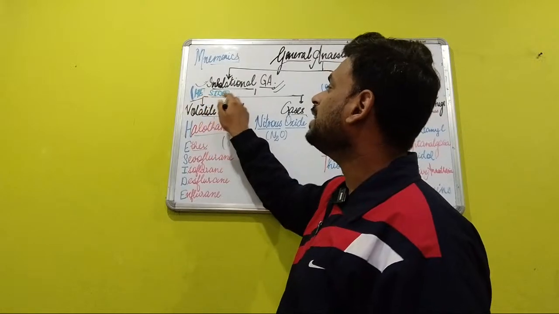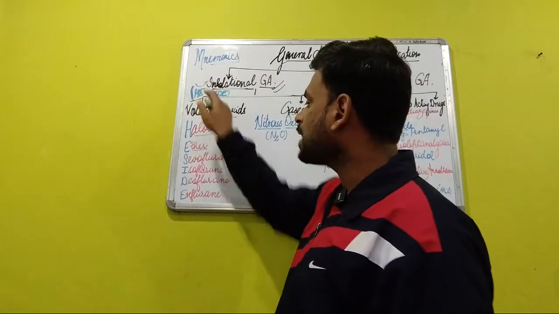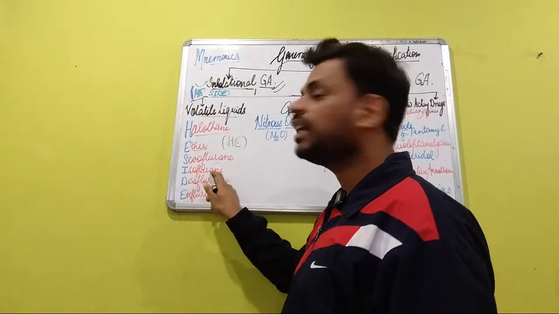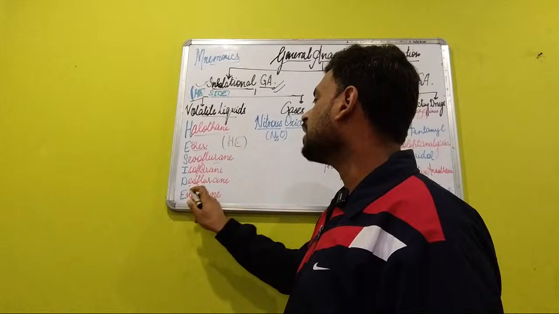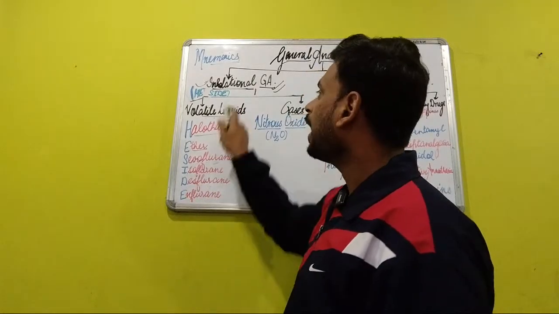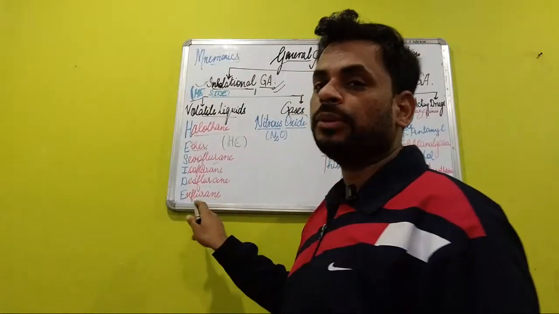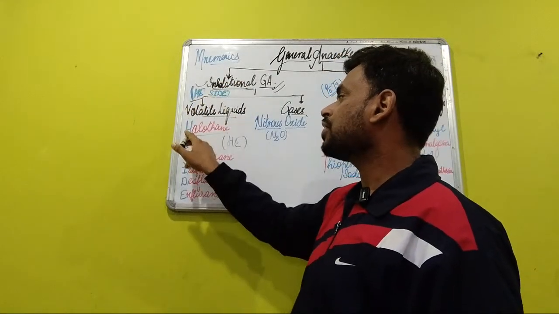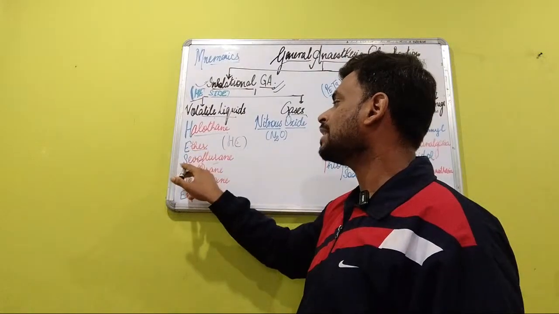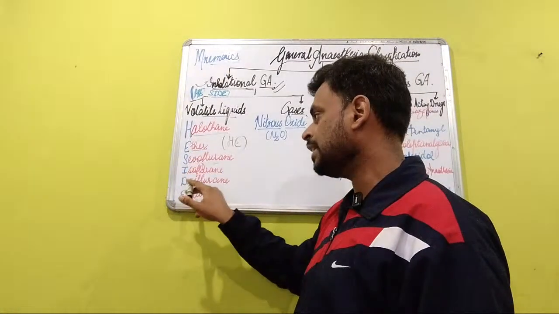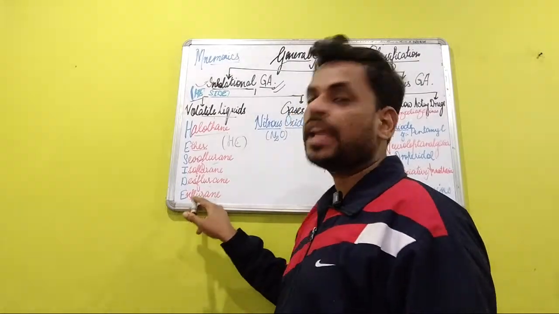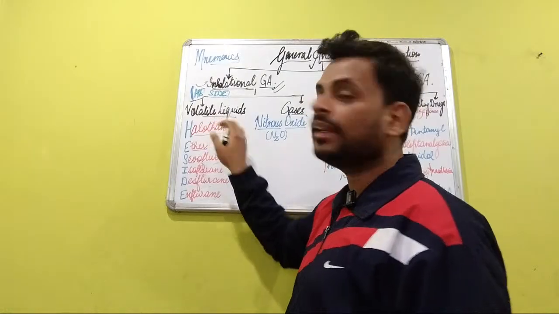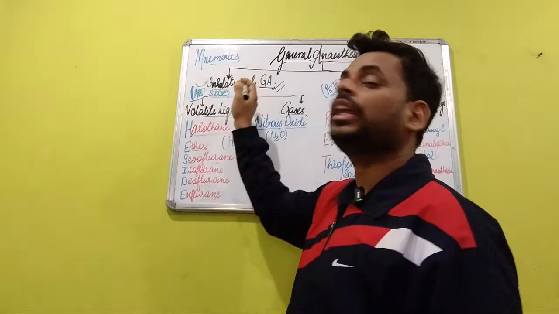And SIDE: the S refers to sevoflurane, the I refers to isoflurane, the D refers to desflurane, and the E refers to enflurane. So just by remembering HE SIDE: H halothane, E ether, S sevoflurane, I isoflurane, D desflurane, and E enflurane, we can very easily pen down and sequence the volatile liquids which fall under inhalational general anesthesia in the classification.